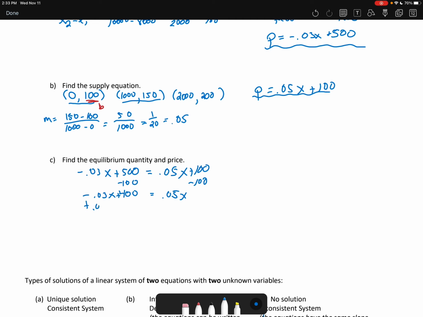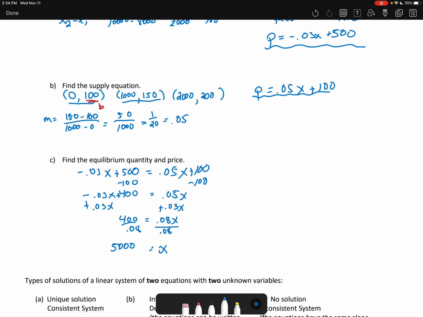Okay, and then I'm going to add. And then finally, what we want to do is divide to see what x is. If we divide that out, it comes out as 5,000. Okay, so 5,000 equals x. We want to find both the equilibrium quantity and price.